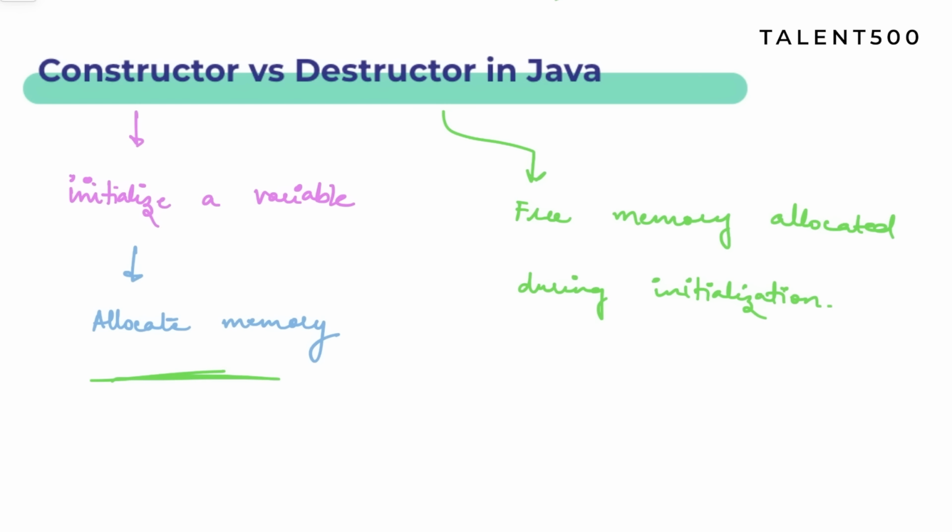But when you talk about Java, generally we do not need to call the destructor explicitly. Java has a feature of automatic garbage collector. So you do not have to call it separately. It will get called on its own.